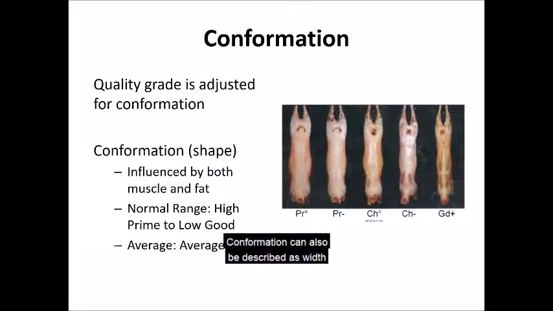Okay, conformation can also be described as width relative to length, and a longer, narrower carcass has a lower conformation score. Okay, conformation can be influenced by both muscle and fat. Normal range is a little bit farther to the right of what's shown here, but high prime to low good. Average low choice right in the center of this picture, and most lambs end up grading prime and choice, but their conformation scores have potential to pull them down.